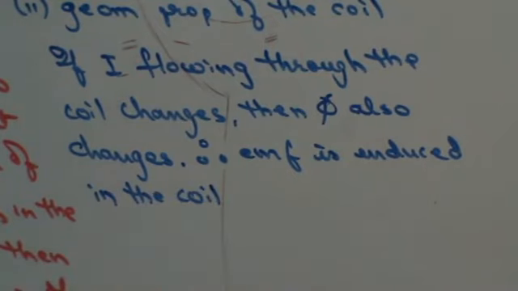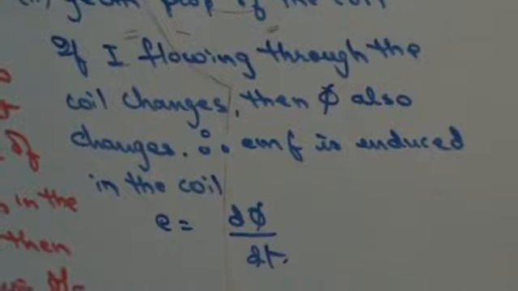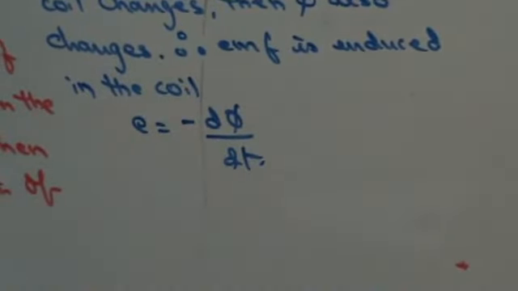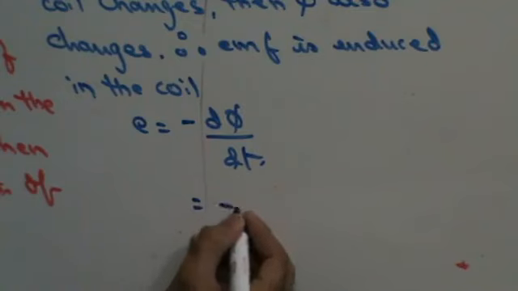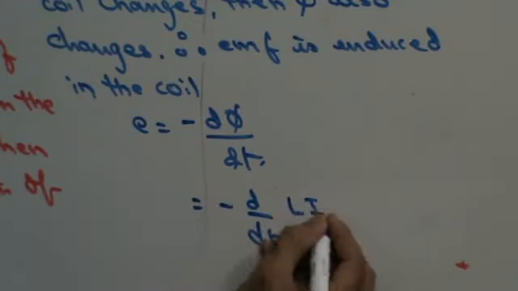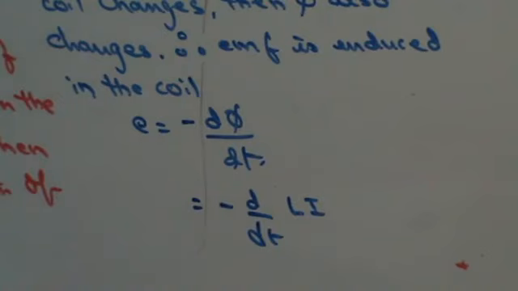right? Therefore I can say that EMF is the change in flux with time, and by Lenz's law the EMF will be such that it will oppose the motion of current. Therefore I am going to put a negative sign to show that the direction of EMF and flux are going to be opposite. Now this can be written as minus d by dt of flux, and flux is nothing but Li, right?